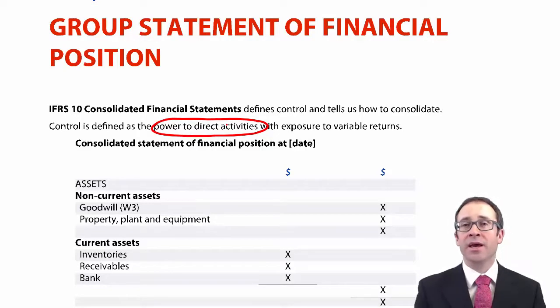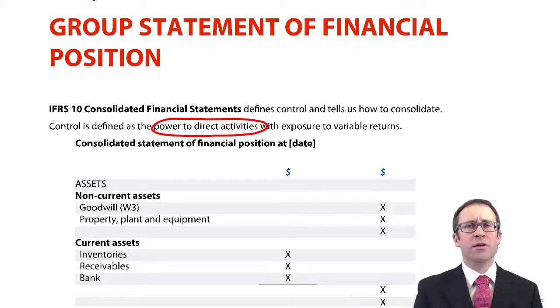If you can pass an ordinary resolution, then you can appoint the directors, and if you appoint your directors, you can tell them what to do. So you have the power to direct the activities of that subsidiary. The power to direct the activities creates a subsidiary, provided that we own greater than 50% of the voting shares, and then we will consolidate.